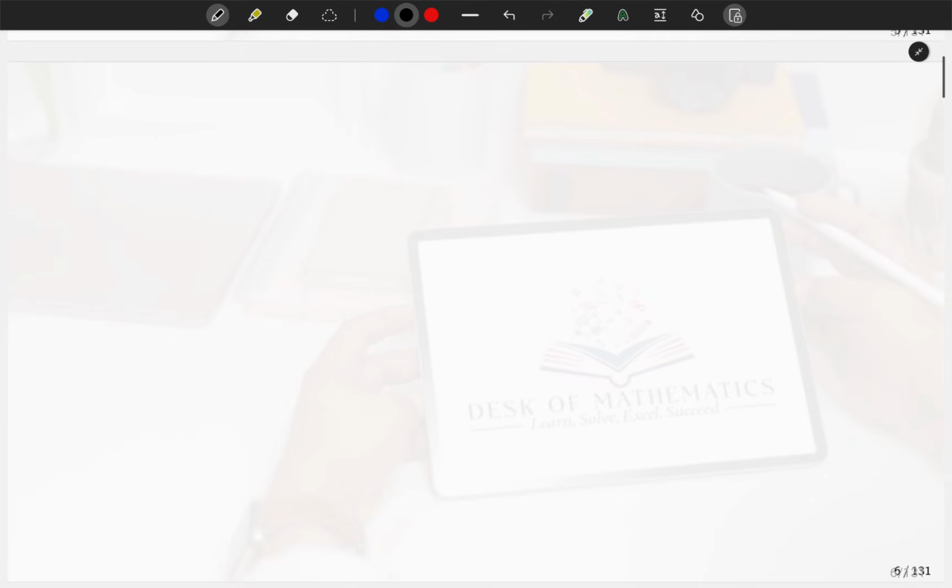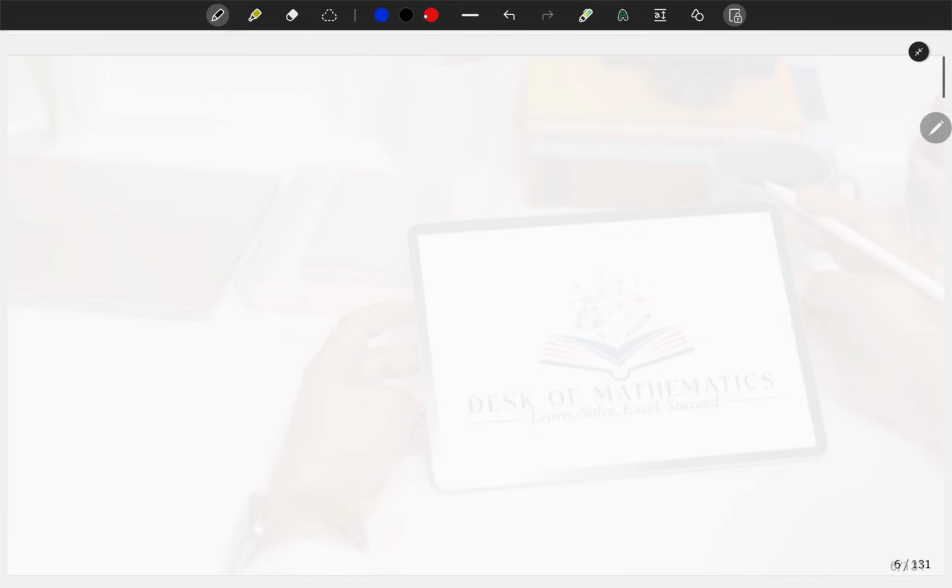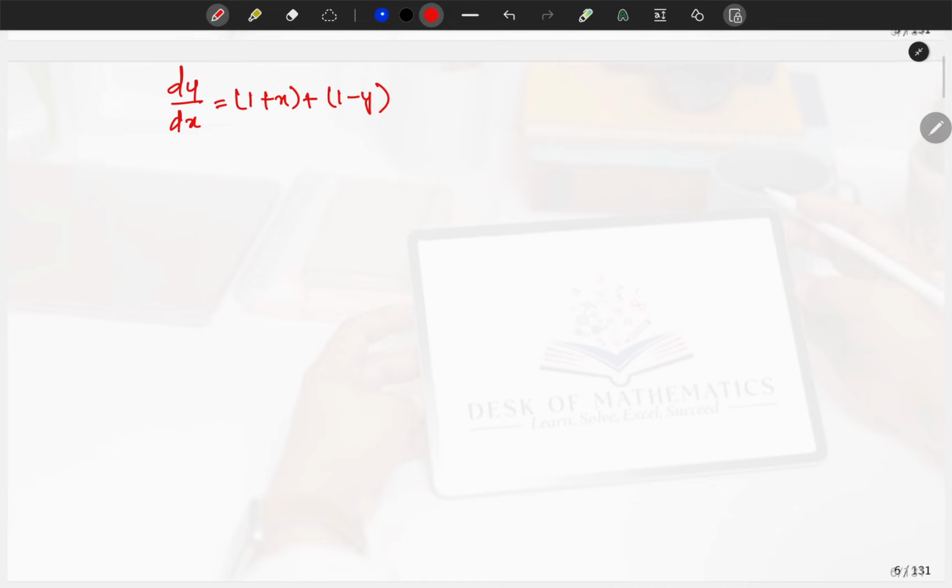Okay, now we will solve some of the questions that are important from your examination point of view. For example, they may ask you the question: solve the differential equation dy by dx is equal to 1 plus x plus 1 minus y.